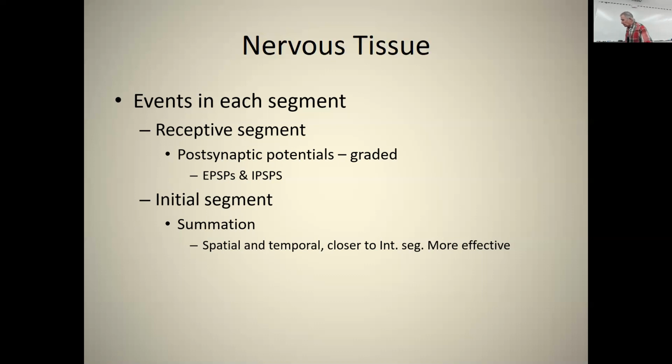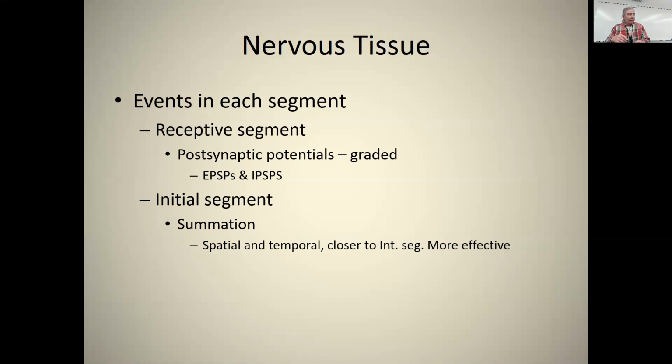Okay. And there's two types of summation, spatial and temporal. Spatial is two synapses going off at the same time in different parts of the cell. And when they move down the dendrites and hit the soma, they add together to be a larger one.